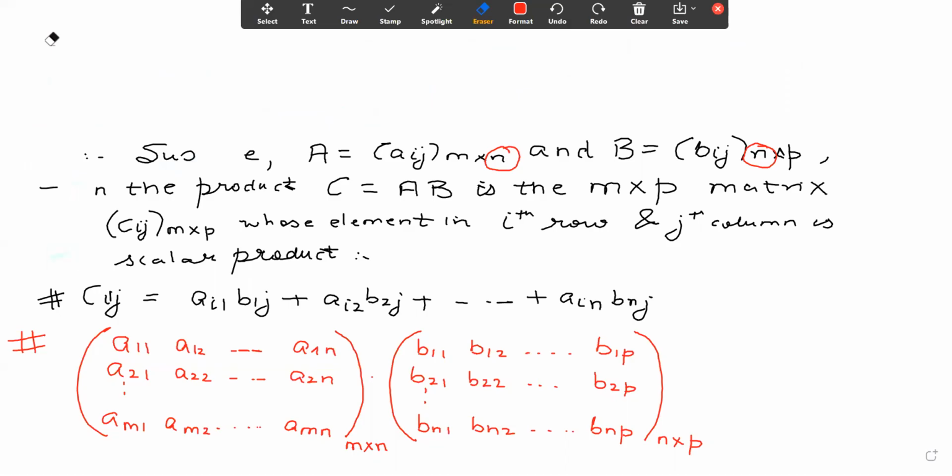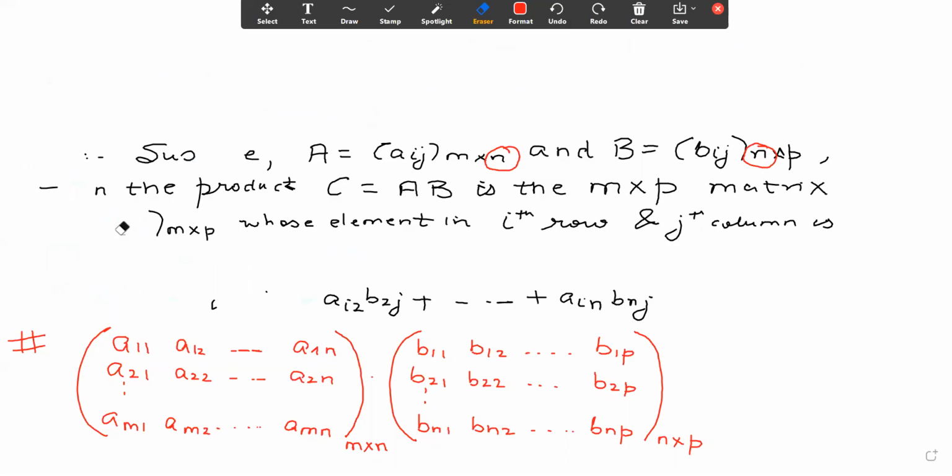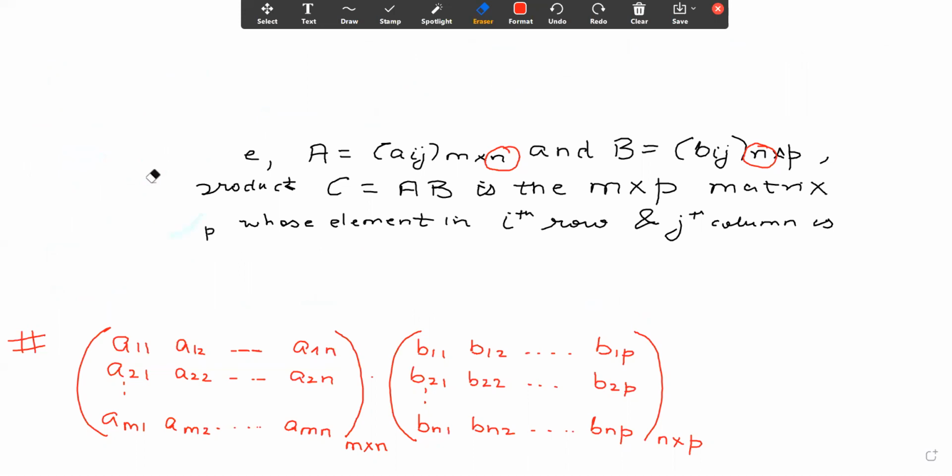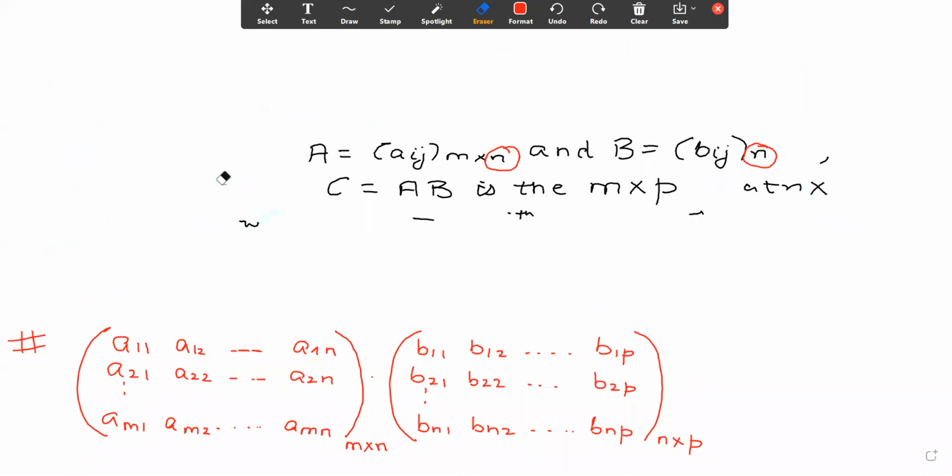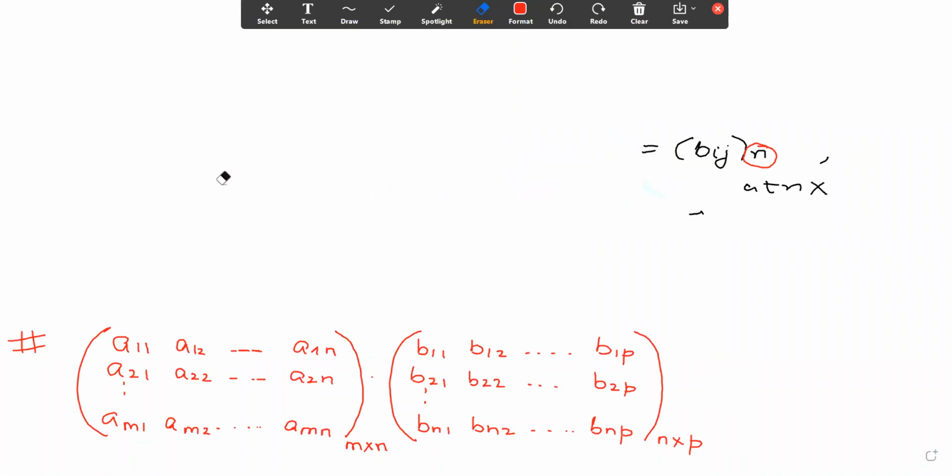The definition was done just for completeness. Otherwise, what really matters is how you actually multiply the two matrices. On the top of the screen, I will now be multiplying these two matrices. So now let's multiply them.